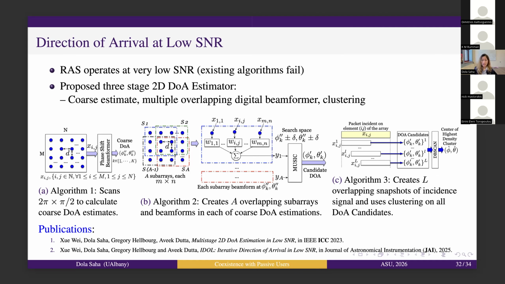In the first stage, it scans the whole sky for a coarse DOA estimation, and then we do a fine estimation, and then finally we run many of these instances, and we combine the signals using clustering, and we predict the direction of arrival.